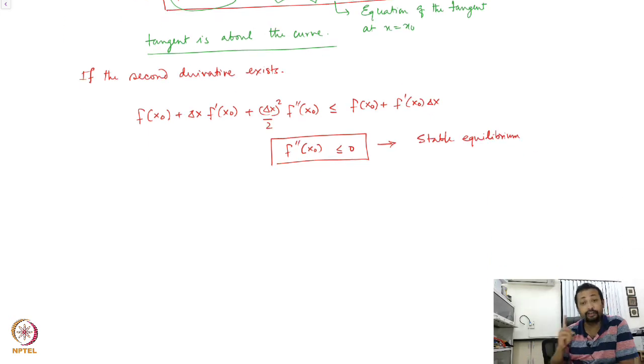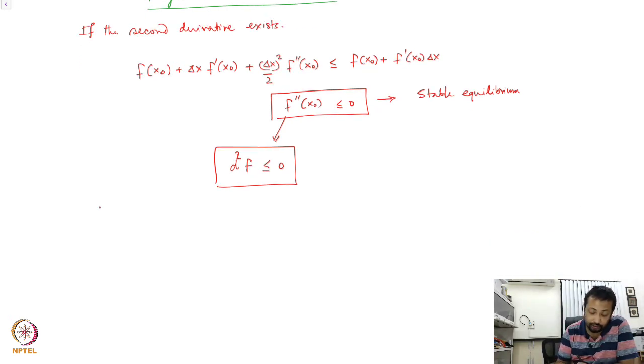But we had started off with a function of a single variable. If I now want to generalize to a function of more than one variable, then this equation translates to d2f is less than equal to 0. I invite you to work out this relation.